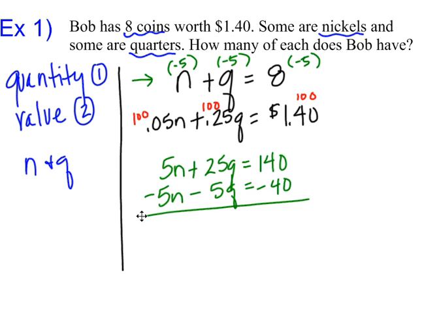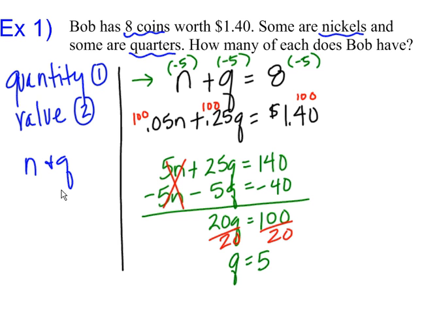Now we're going to add them together. The n's are going to go away. 25 minus 5 is 20, and 140 minus 40 is 100. Then we're going to divide both sides by 20 and find out that q equals 5. So far we found out that we have 5 quarters.